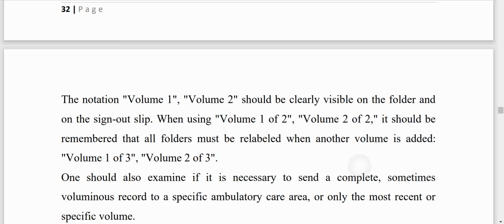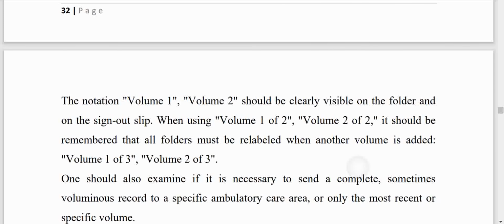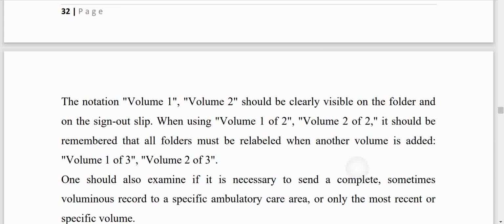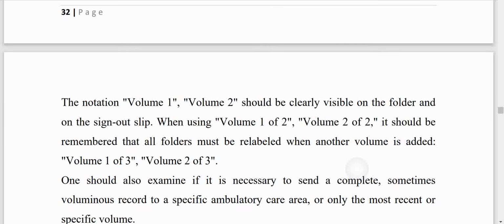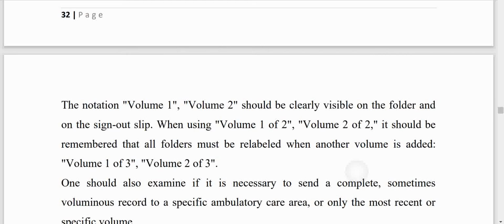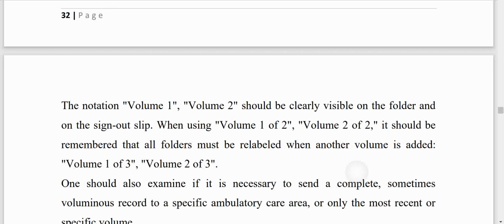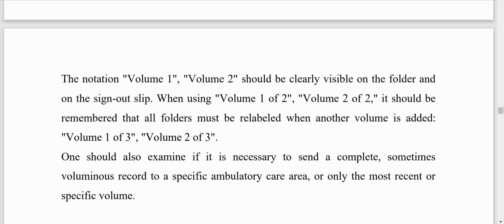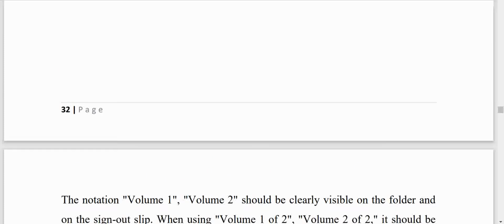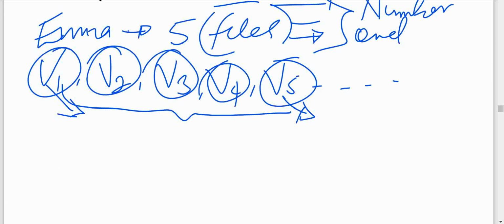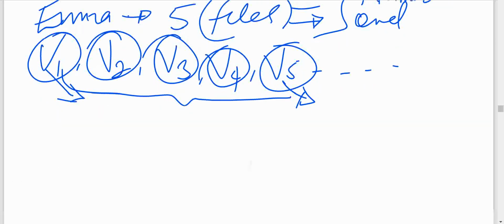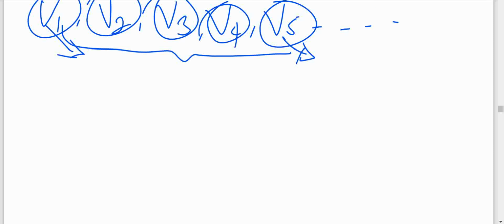If you don't keep them in one location, and don't name them, this is Emma volume 1, the first file, this is the second file, this is the third file, this is the fifth file. So that is what we do. You can name them as V1, V2, V3, but we also have another way of naming them.